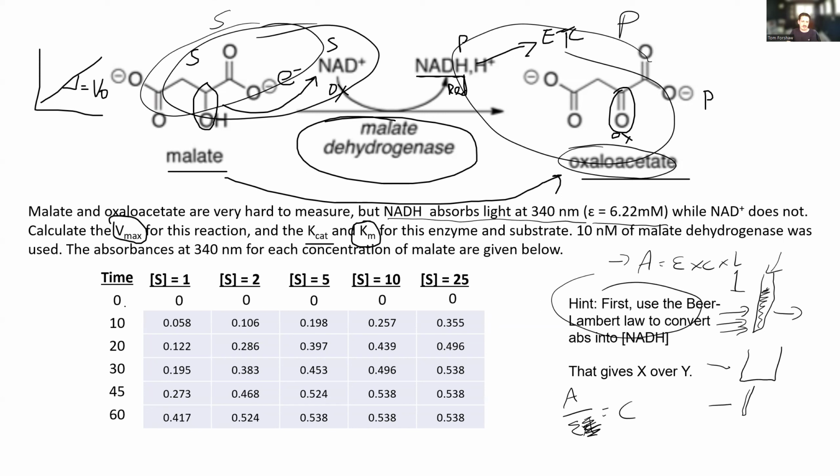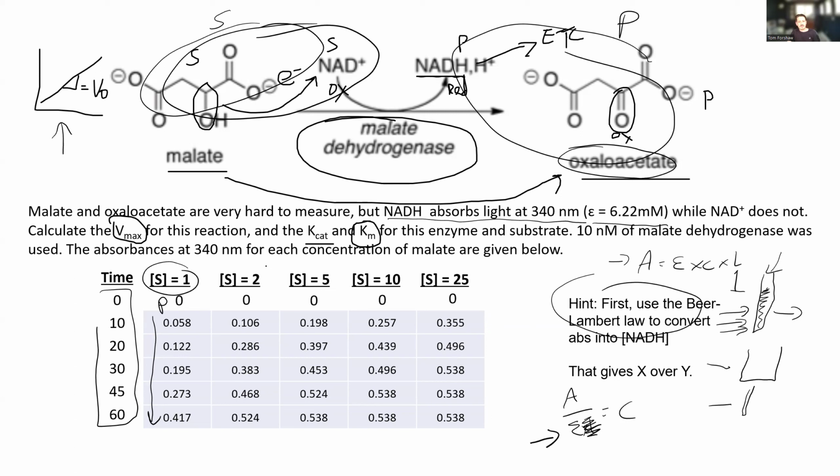So what the experimenter has done is looked at the product as NADH over time, which is this graph here. Now these are absorbances, but we can convert them into concentrations to give us the change in concentration over time. At the moment, it's absorbance over time, but we can turn absorbance into concentration really easily.